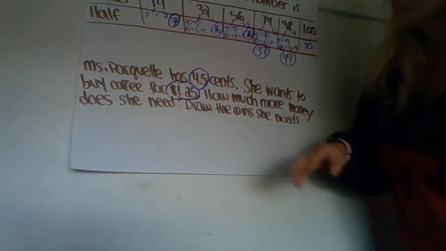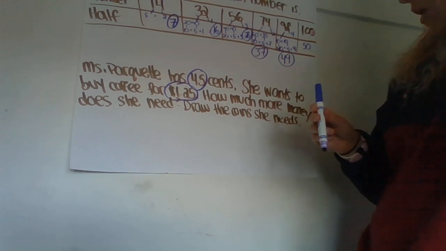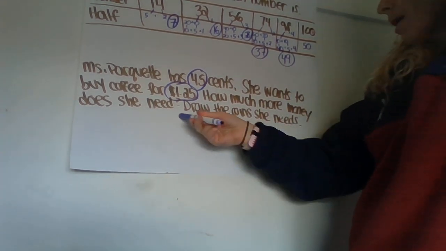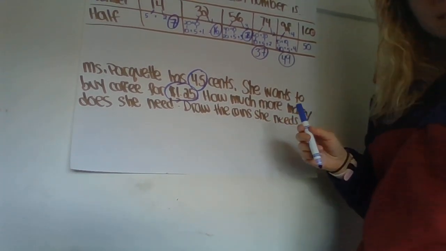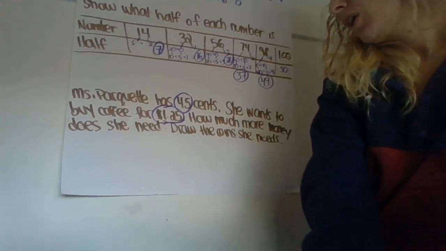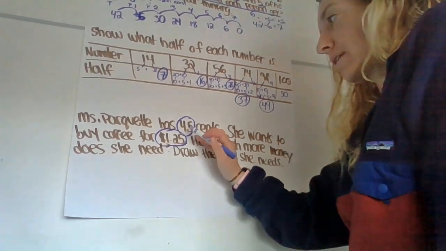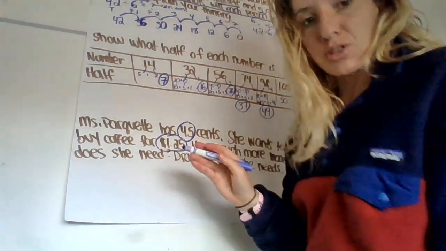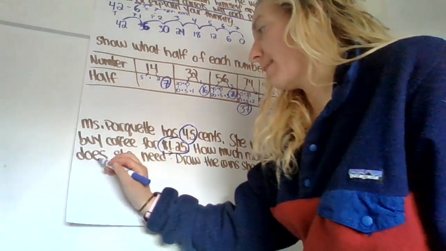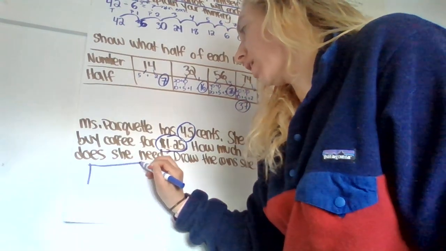Okay, so first of all, let's figure out how much more money she needs before we draw the coins. Because like I said before, this is a two-part problem. So I know that the total she needs is $1.25, and she only has 45 cents right now. I'm going to draw a bar graph so I can keep track of all of that info.